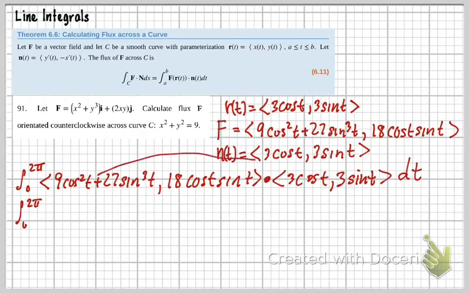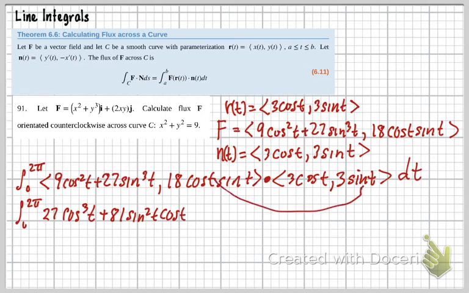When I multiply this first component by that first component, I'm going to get 27 cosine cubed t plus 81 sine squared t cosine t, and then I'm going to take this second one and multiply it through. So plus 18 times 3, which is 54 cosine t sine squared t, and that would be dt.